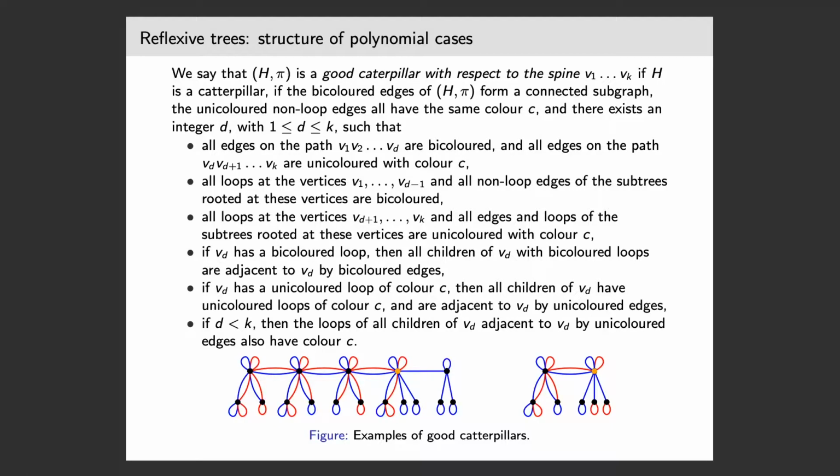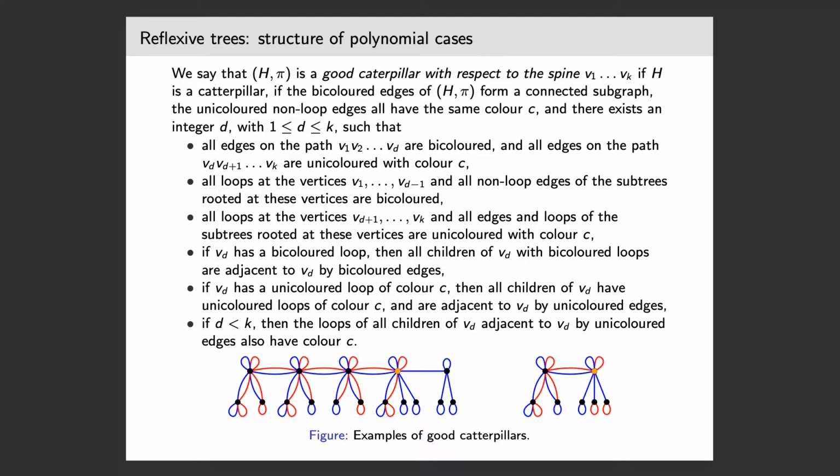Vd are bicolored, and all edges on the path Vd to Vk are unicolored with color C. All loops at the vertices V1 to Vd-1 and all non-loop edges of the subtrees rooted at these vertices are bicolored. All loops at the vertices Vd+1 to Vk and all edges and loops of the subtrees rooted at these vertices are unicolored with color C. If Vd has a bicolored loop, then all children of Vd with bicolored loops are adjacent to Vd by bicolored edges.